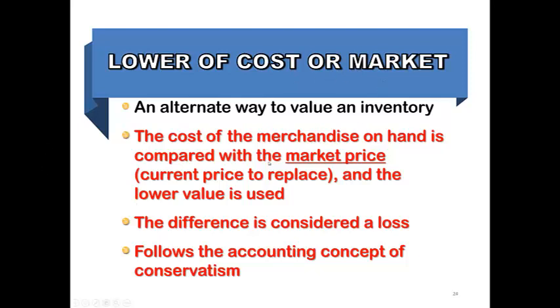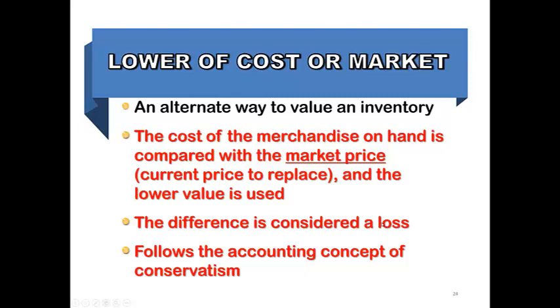So remember, cost is what we paid for the item. The market price is how much we have to pay to replace it. And we're going to value our inventory at whichever is lower. So if our cost is higher than what it cost us to replace it, that means the value of our inventory has dropped.